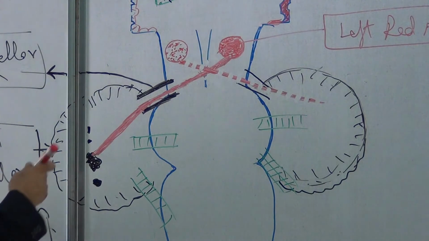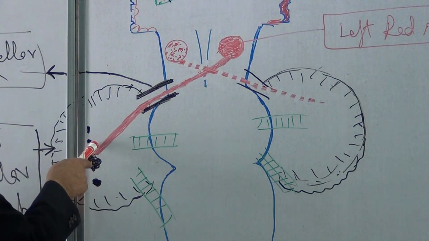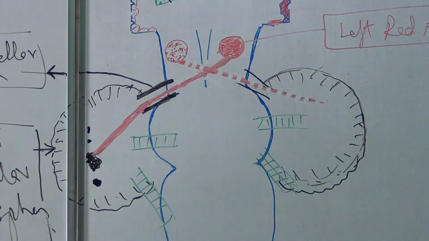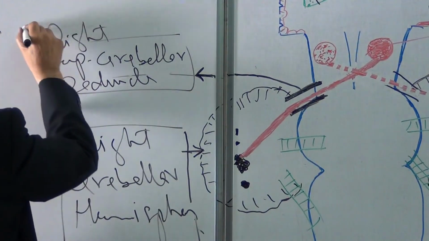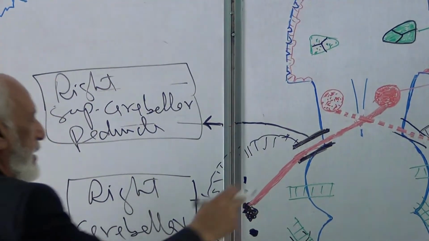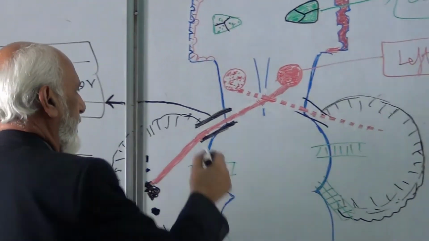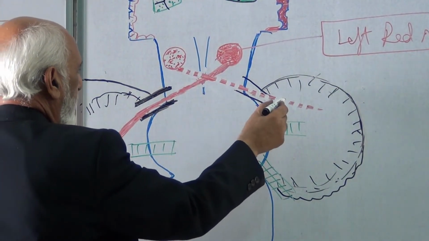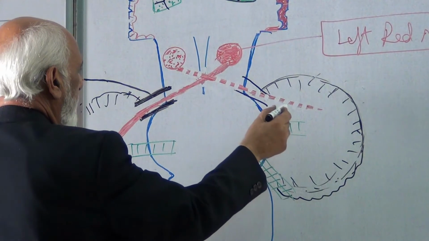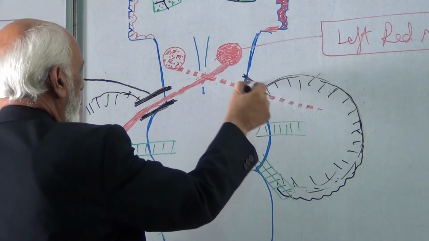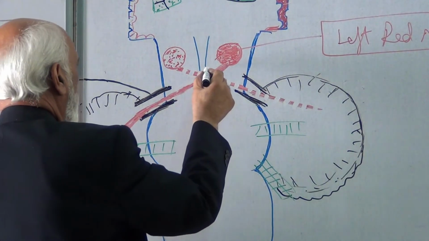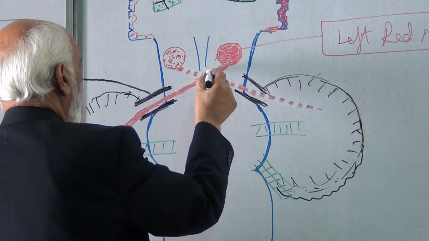So the fibers from the right cerebellar hemisphere pass through the right superior cerebellar peduncle and enter the lower part of the midbrain, where they decussate with the fibers from the superior cerebellar peduncle of the opposite cerebellar hemisphere and form a decussation.